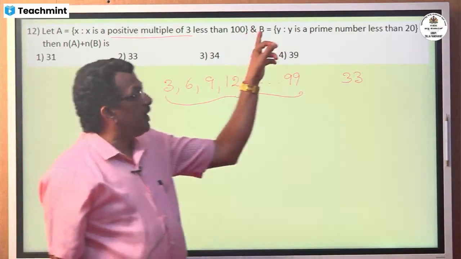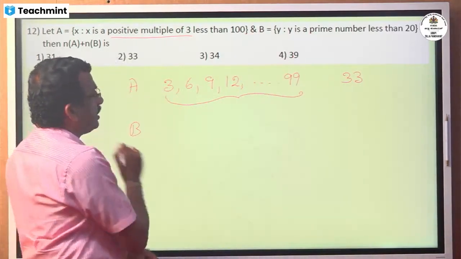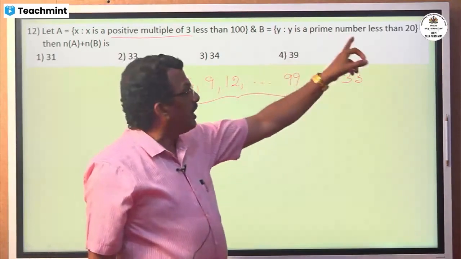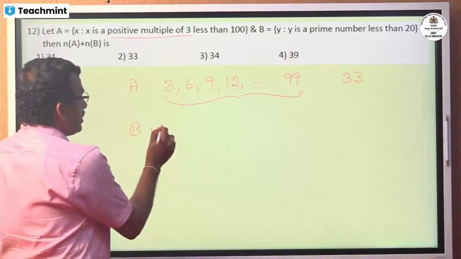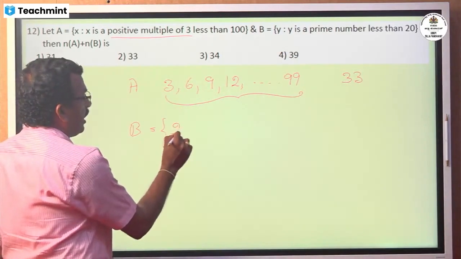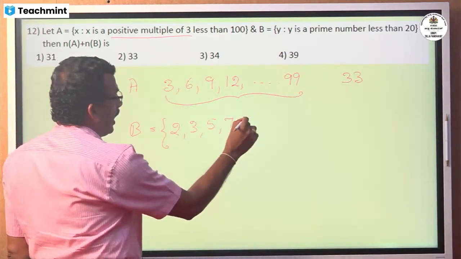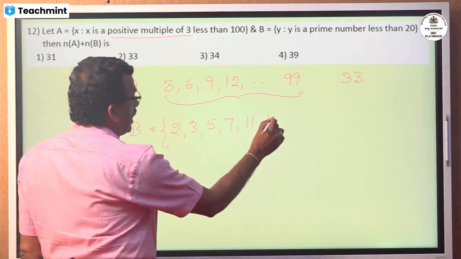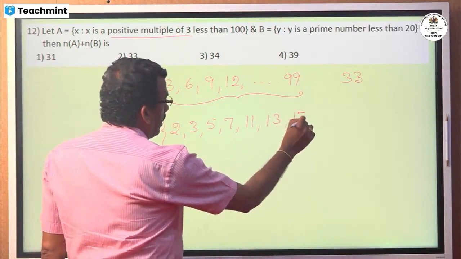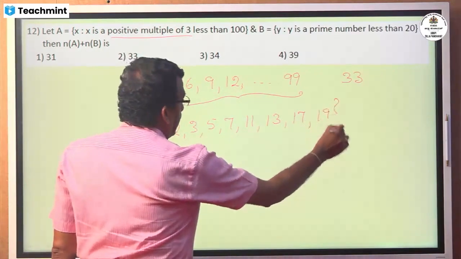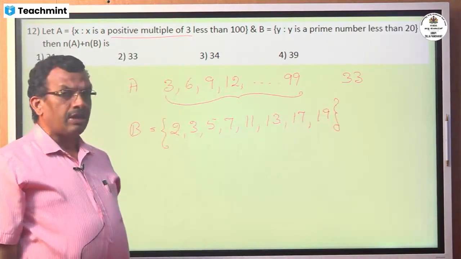Now B is a set, and this is set A. B is a set with element y, where y is a prime number less than 20. The prime numbers less than 20 are 2, 3, 5, 7, 11, 13, 17, 19.